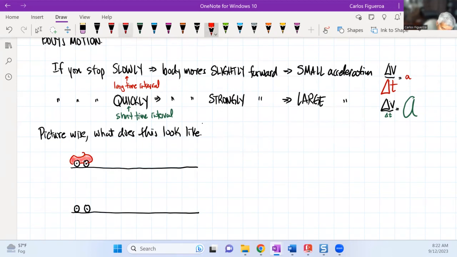What I know here is that this car is moving in this direction, and for the sake of argument, we're going to say that this car is moving 35 miles an hour.